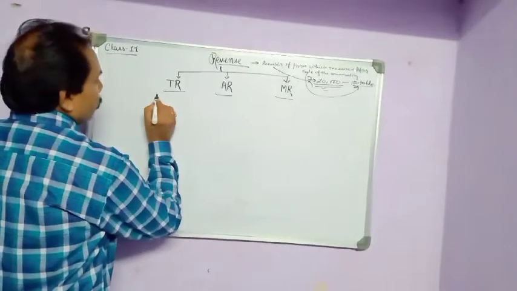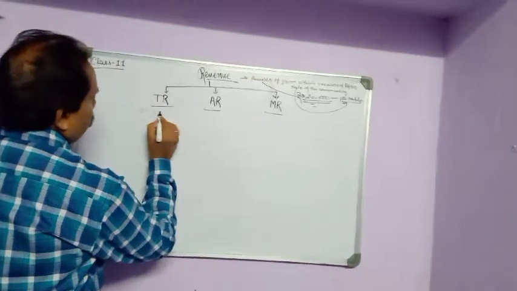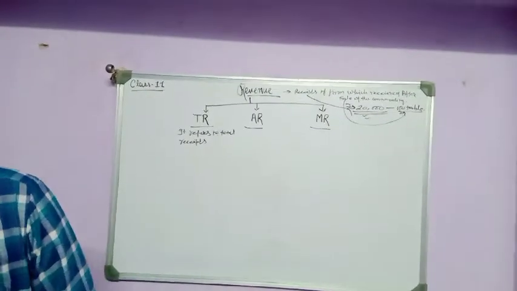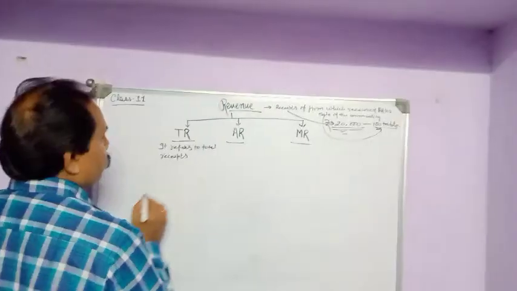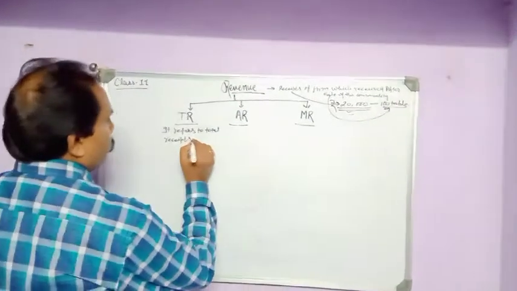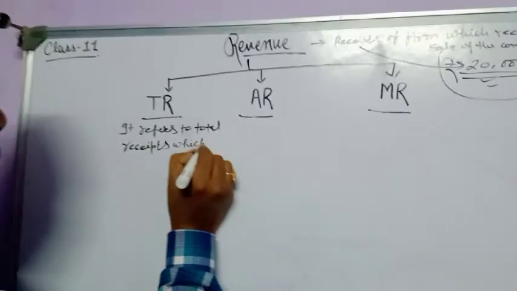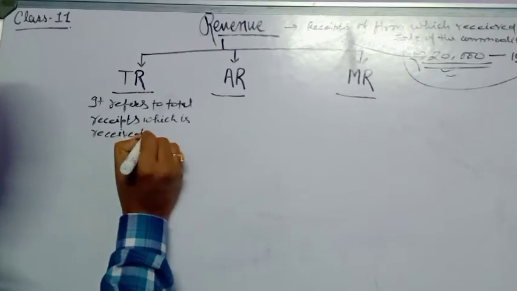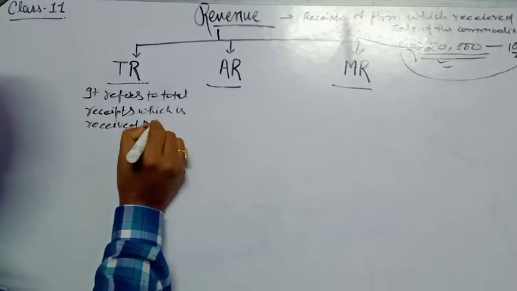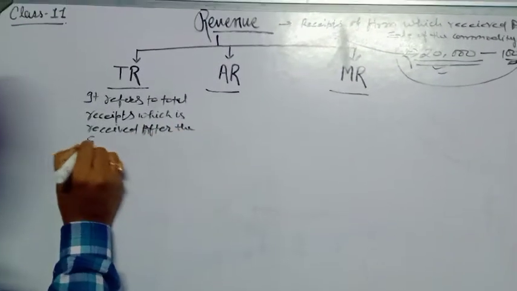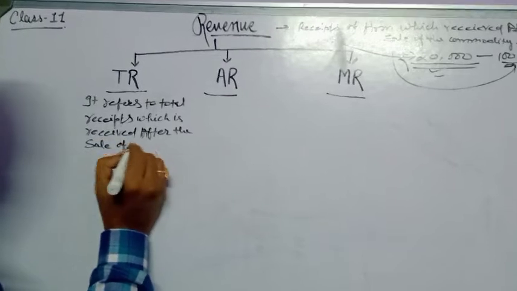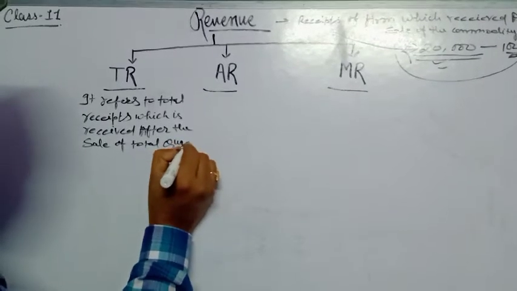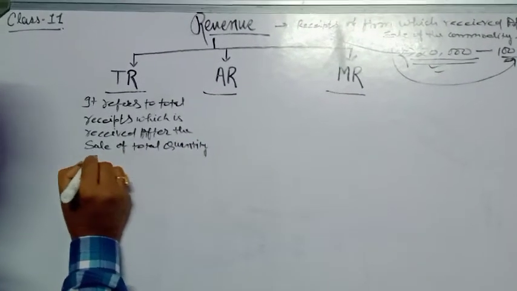It is the sum total amount, the total receipts which is received after the sale of the total quantity of the commodity.